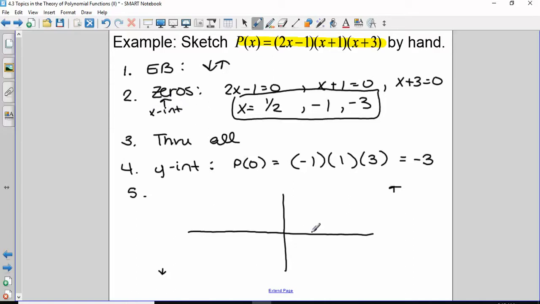So I hit my x-axis at a positive 1/2, -1, and -3. My y-intercept is -3, so we hit the y-axis at -3.